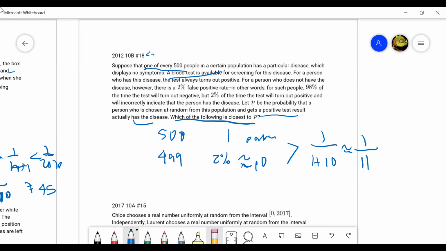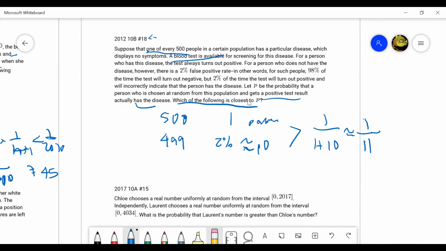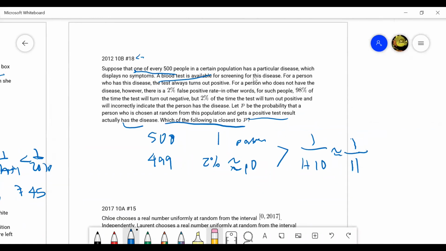The cool thing that this problem touches upon that's not really super math related is something called the false positive paradox, where even if an event is super rare, it's more likely for any positive that you get to be a false positive than to actually be a real positive.